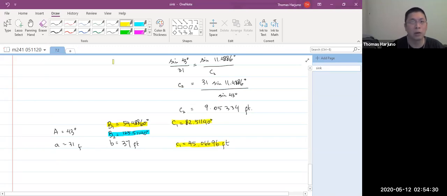While the second branch, angle C2 is 11.48860 degrees, and the corresponding side is 9.05334 feet. Okay, that's the summary.